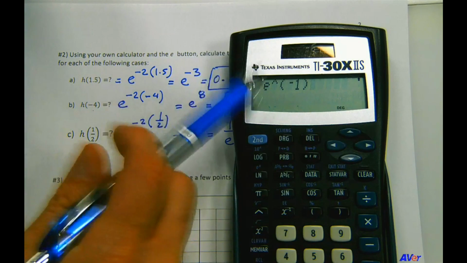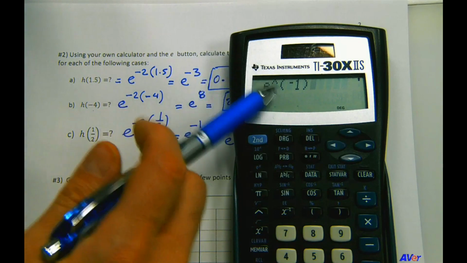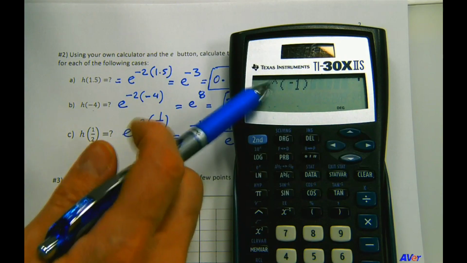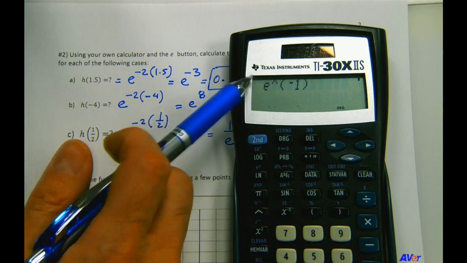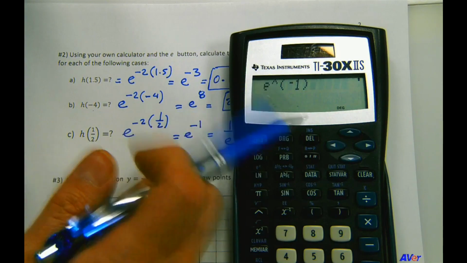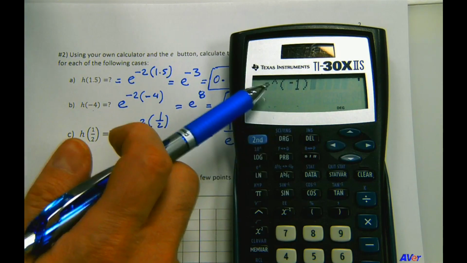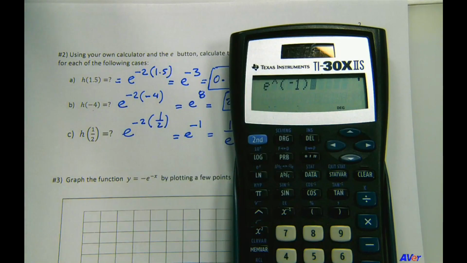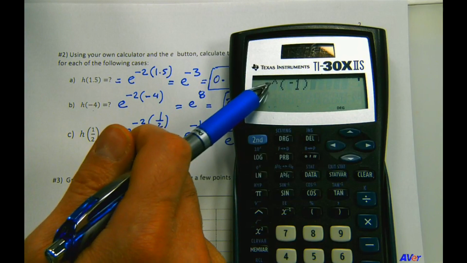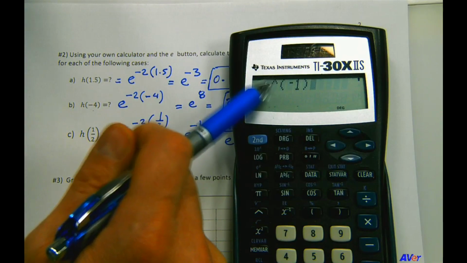That caret that you see, that sharp arrow shape, is called the caret, and it means power on the scientific calculator. It just occurred to me that some of you may not know what that symbol means.